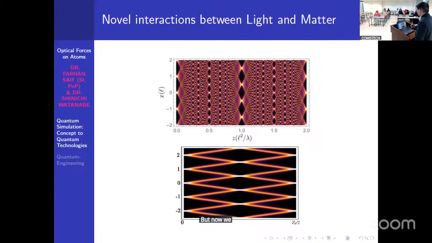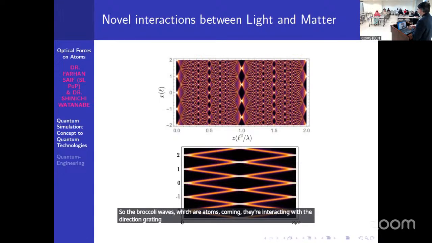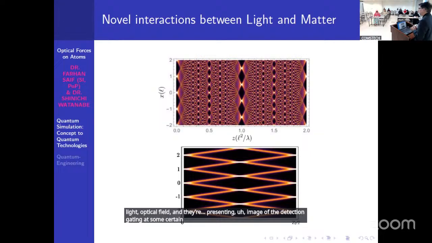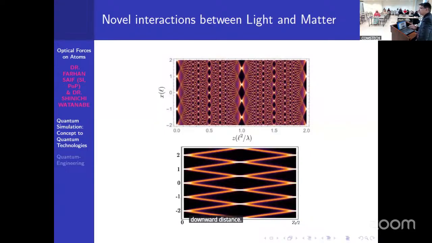Now we are doing this using de Broglie waves. The atoms, as de Broglie waves, interact with the diffraction grating made by the optical field, and present an image of the grating at a certain distance, normally named the Talbot distance. At half of the Talbot distance, we again see structures appearing, and so on.